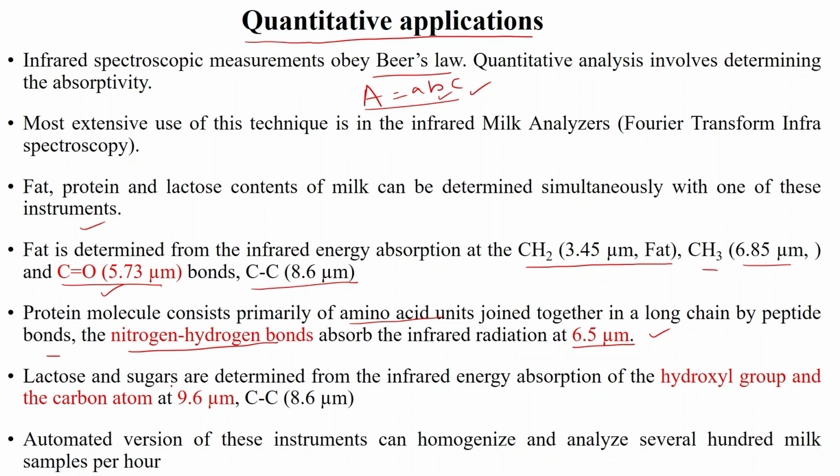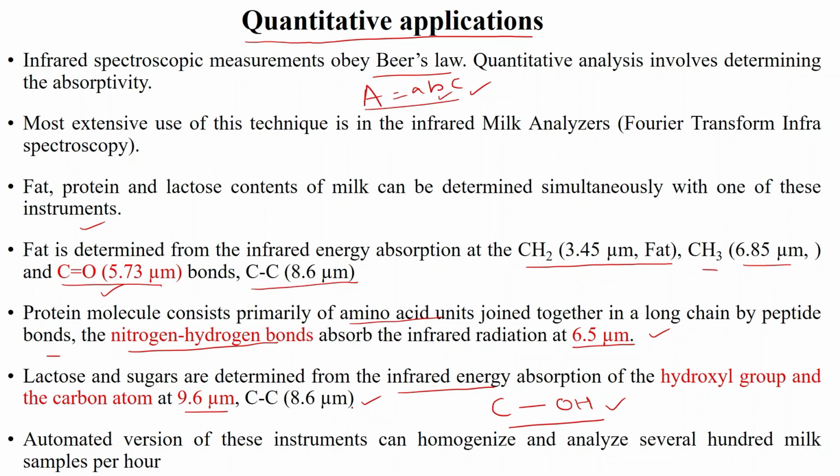Now if you see the lactose and sucrose, they are determined from the higher energy absorption of the hydroxyl and the carbon atom. These COH bonds are there in lactose, the sugar, and they absorb the radiation at 9.6 micrometer, and this is being targeted, and we continuously determine the concentration of lactose. Sometimes the CC bond can also be targeted, which has absorption of radiation at 8.6 micrometer.